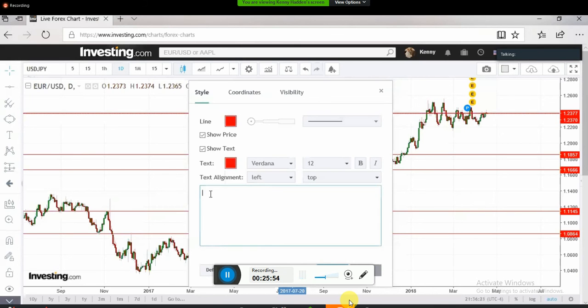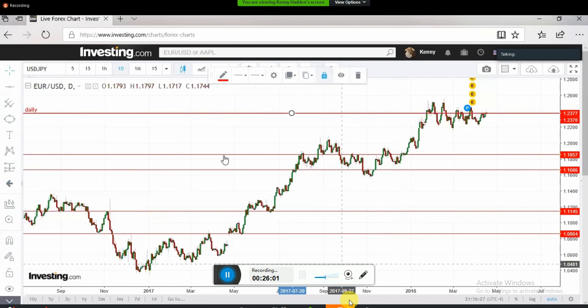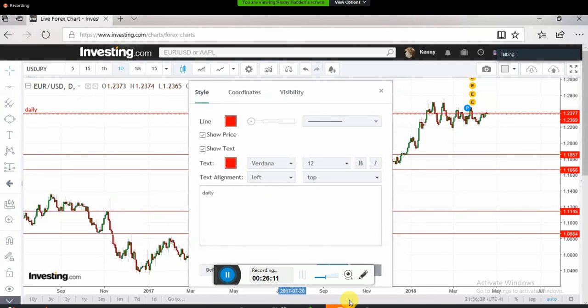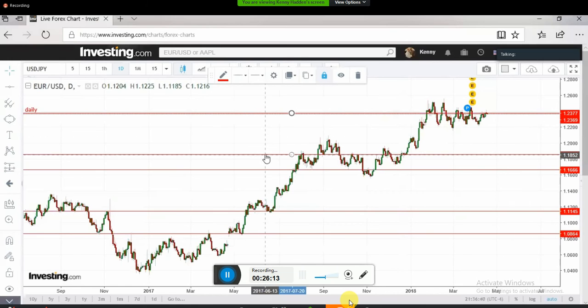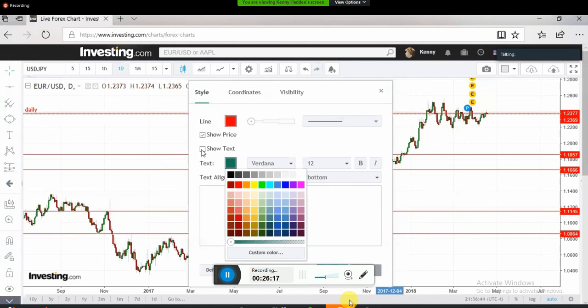And then I write this. And if I spell it wrong, don't laugh. Daily. So now when I go into the 4-hour chart, I know red is my daily, but I also labeled this line right here. Got it.